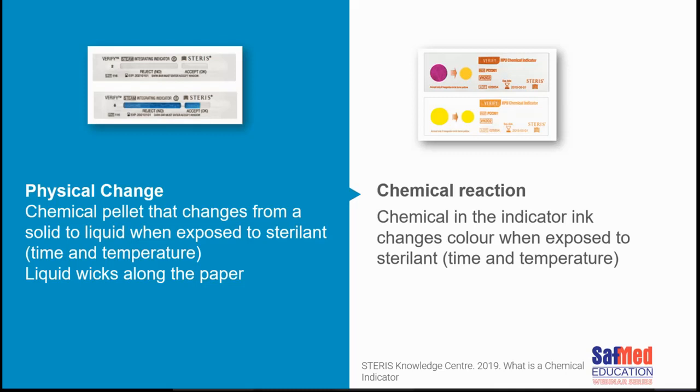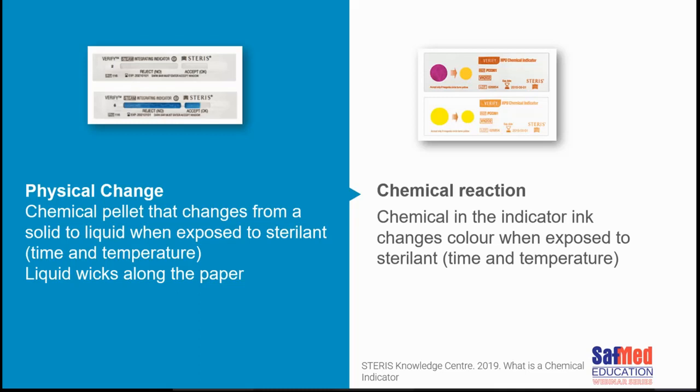There are two main types of chemical indicators. One is based on more of a physical change, and the other one is more on a chemical reaction. In the physical changing indicator, a chemical pellet melts when exposed to the sterilant for the right amount of time at the right temperature. The pellet changes from a solid to a liquid, and that liquid then wicks along the paper.